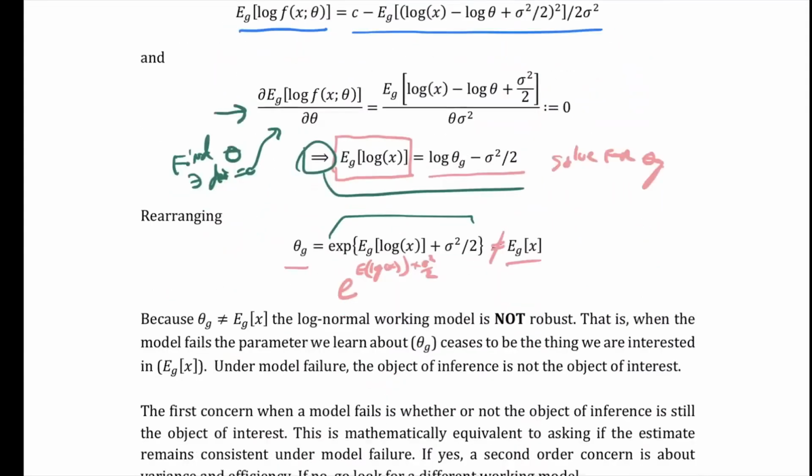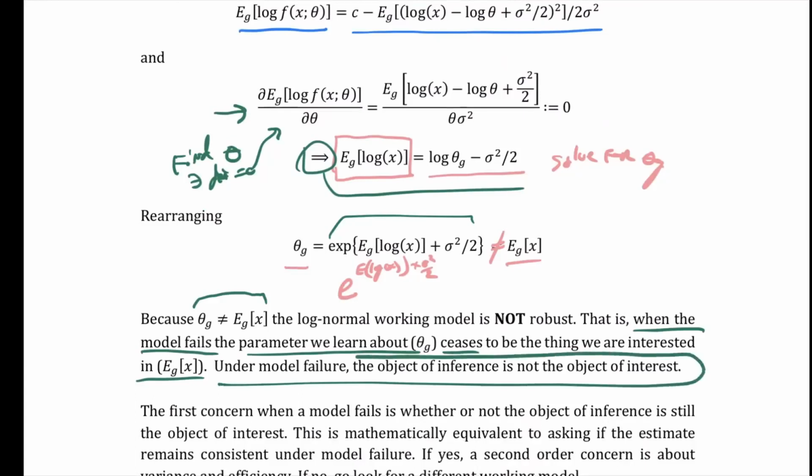Now, in this case, theta g is not equal to the population mean. So this means when the model fails, the parameter we learn about ceases to be the thing we're interested in. Under model failure, the object of interest and the object of inference are not equal.